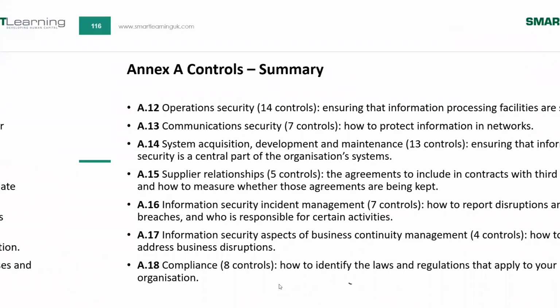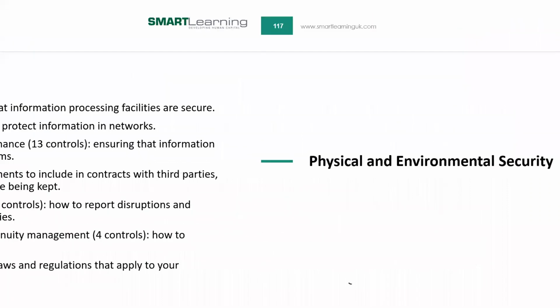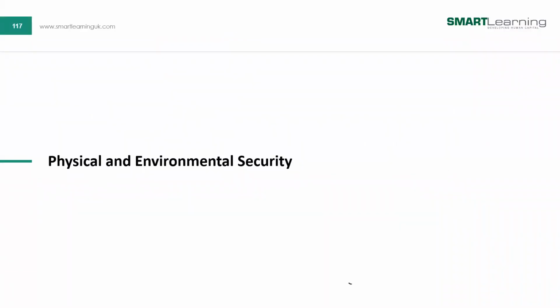This is the summary, just showing us the count. 14 in operations, 7 in communications, 13 in system acquisition and development for the system lifecycle. Supplier has 5, information security incident management 7, business continuity 4, very small, and then compliance 8 controls in that clause or that section.